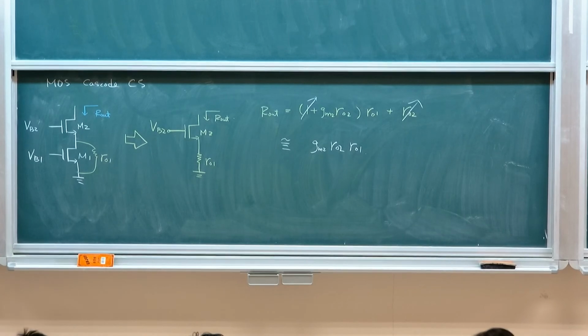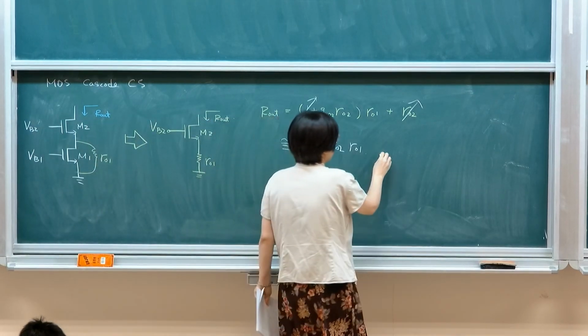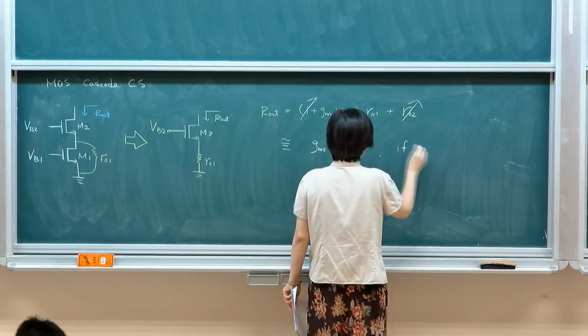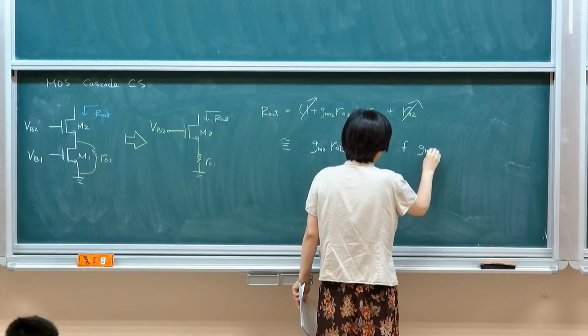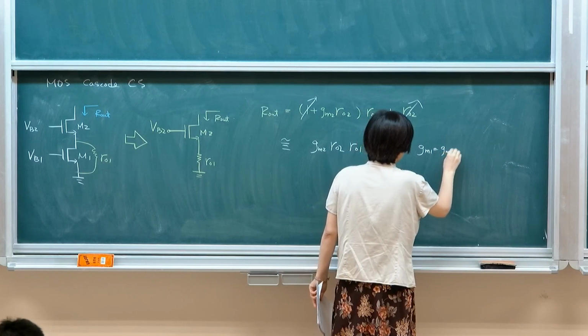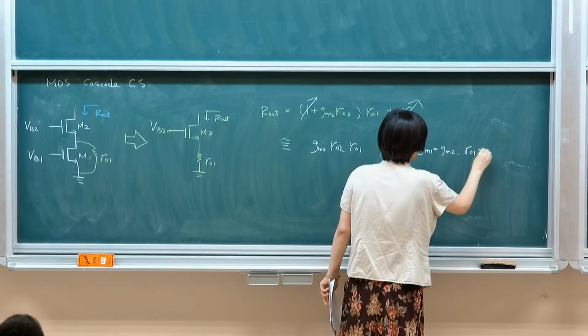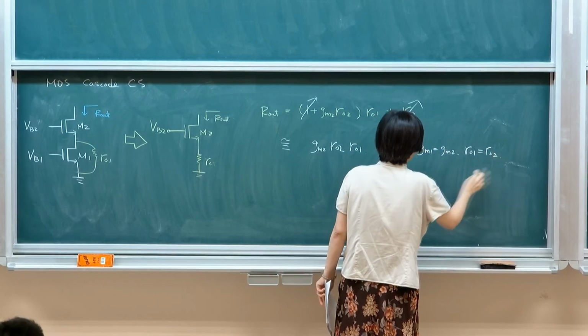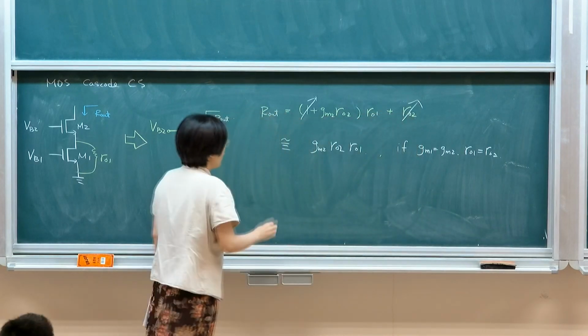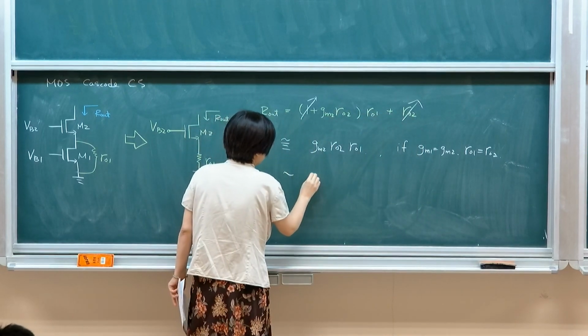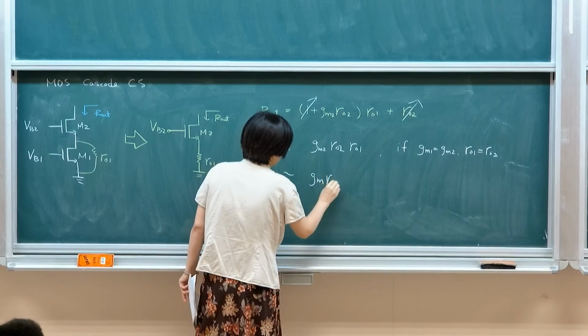RO2. In most cases, because I'm using a single-branch transistor, and typically if your size is the same, this is not necessarily always true, but if gm1 equals gm2 and RO1 equals RO2, using two identical transistors, you will actually get something similar to gm RO squared.